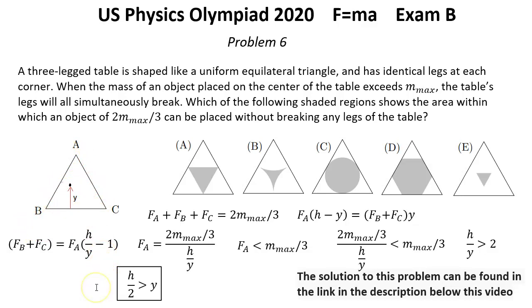And this condition is satisfied if we choose answer A and place our mass inside of this shaded triangle. So correct answer is A, and that was solution for problem number 6.